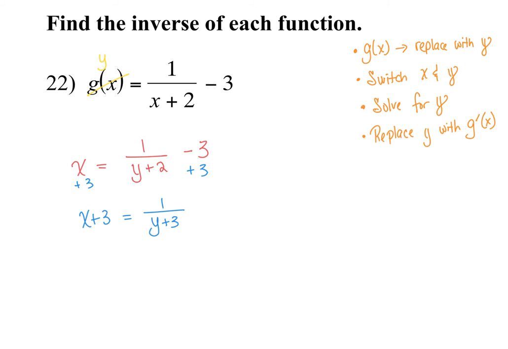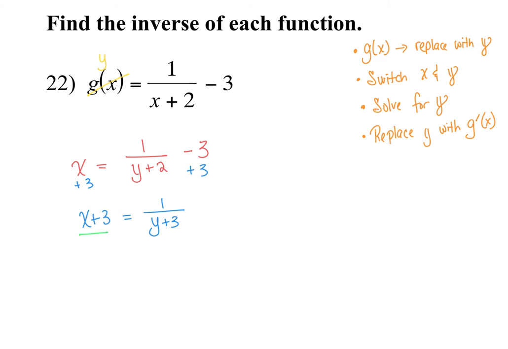Now here's the little trick. Anytime what you're solving for is on the bottom and it's just one fraction and one fraction, or one term and one term, you can flip both sides. Anytime it's one term to one term, you can flip both sides.